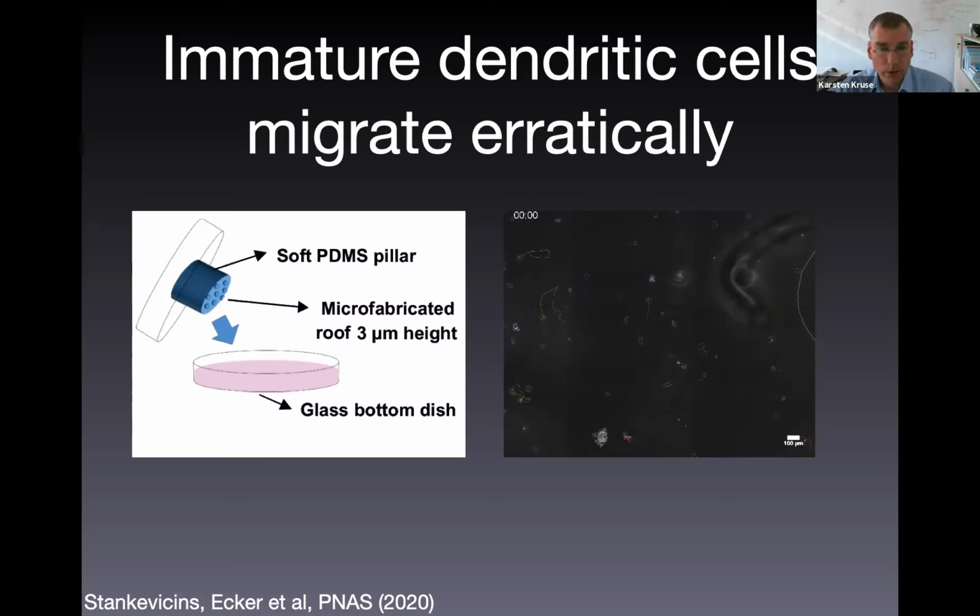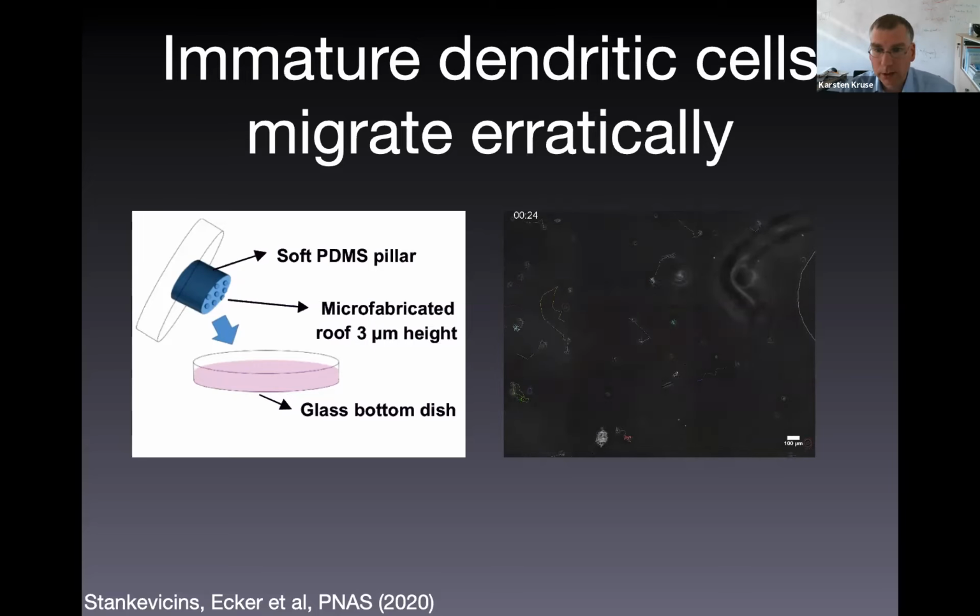And in order to do that, what Luisa and Franziska generated was a roof made of PDMS, and then little spacers also made from PDMS of 3 micrometers height, so that you had a uniform roof with a uniform spacing of 3 micrometers in which the cells move.